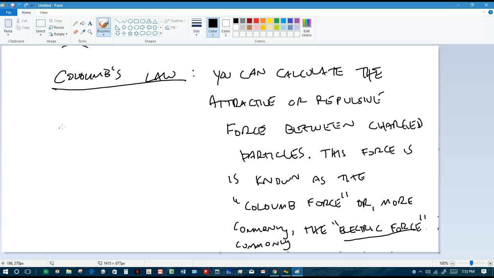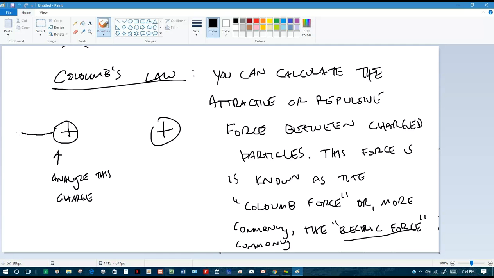The idea that if you put a positive charge here and a positive charge here, and let's say we're going to analyze this one. Which way will the one on the left be feeling a force? Will it be pulled toward the right or pushed toward the left? Pushed toward the left.